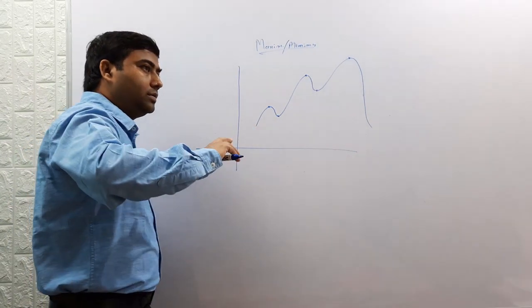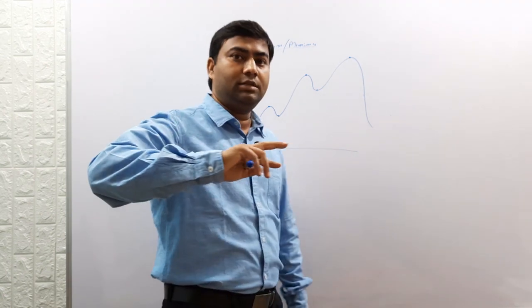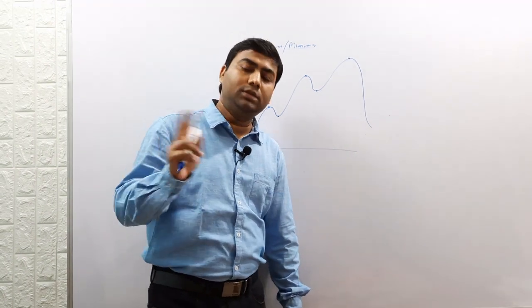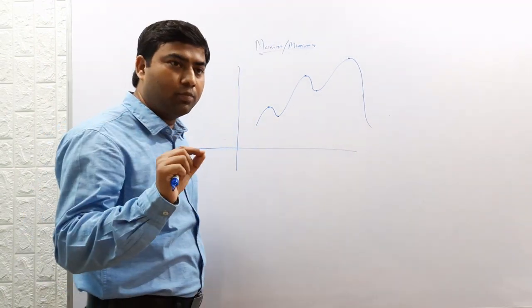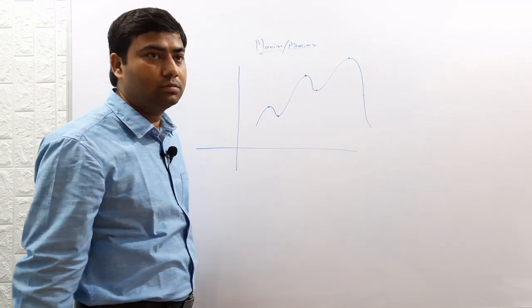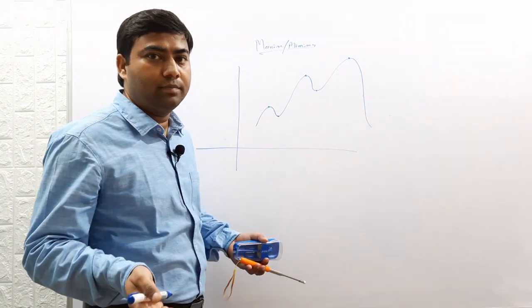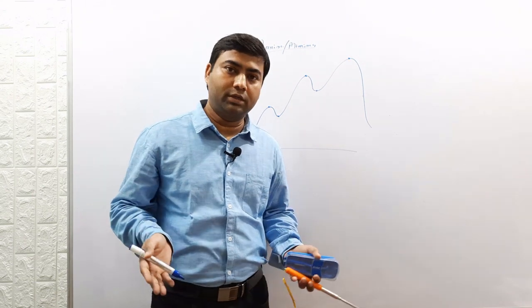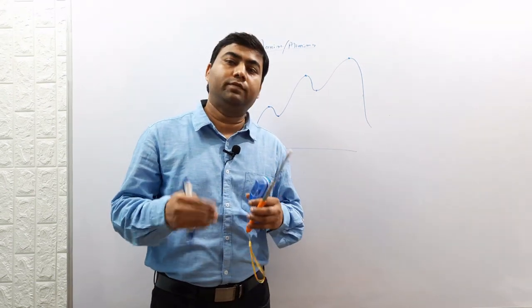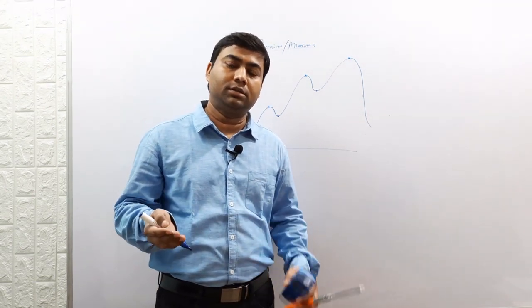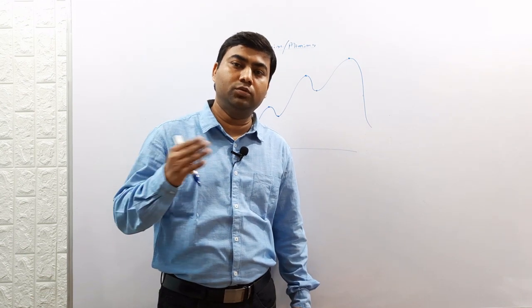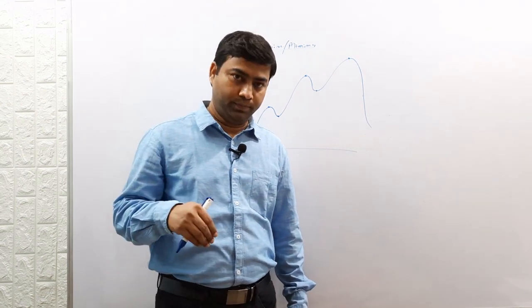So when the function's trend changes from increasing to decreasing or decreasing to increasing, that point is called a turning point. Its name explains it, because the nature of the function changes. It turns the nature of the function from increasing to decreasing or decreasing to increasing.